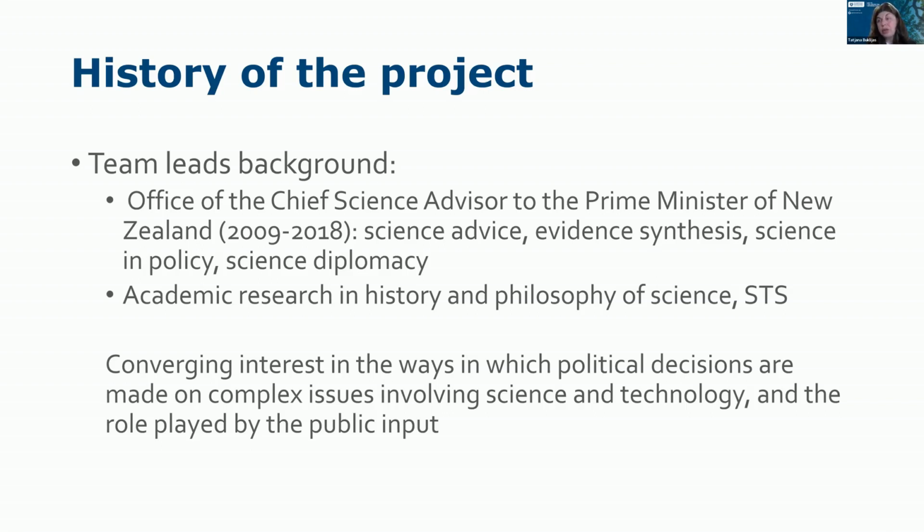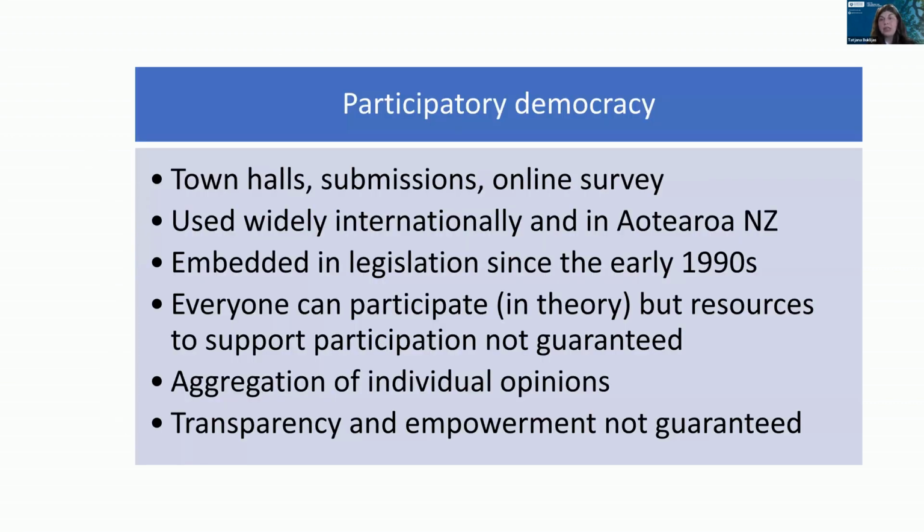And this is what you want to avoid, in particular with regard to climate, if you want to achieve a just transition. So one thing in New Zealand, and I think maybe it's more characteristic of Anglo countries than continental Europe, is that in addition to representative democracy, there's quite a lively culture of participatory democracy, which means that many policy decisions require substantial input of the public through mechanisms such as town halls, written submissions, online surveys and so forth.